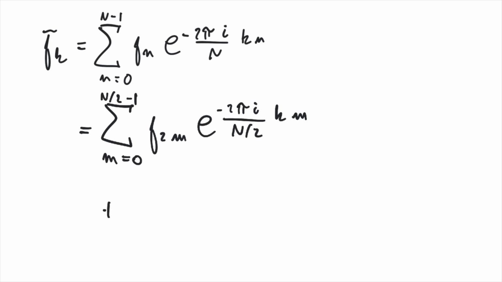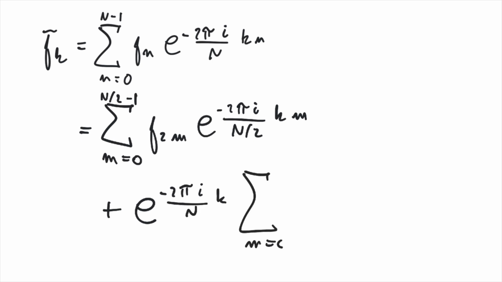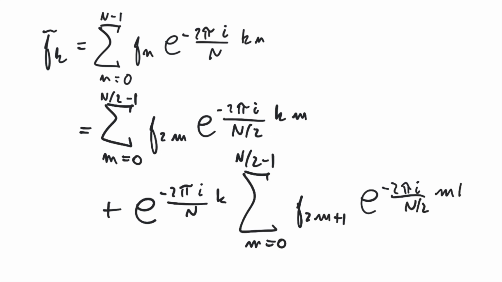plus we take outside some factor e to 2 pi i over N k, sum for the odd terms, which is f_2m plus 1 e to the minus 2 pi i over N over 2 m k.